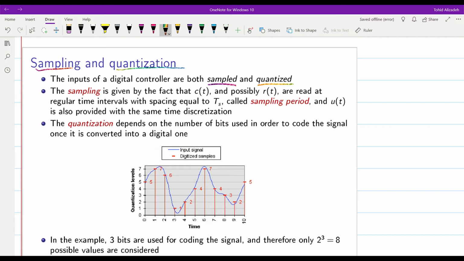The sampling is given by the fact that C, and also R if it's not already available in the digital form, are read at regular time intervals with a spacing which is equal to Ts, and we call that Ts the sampling period.